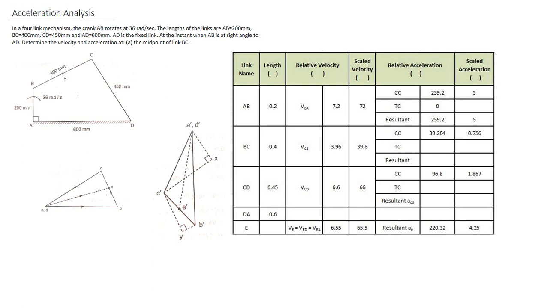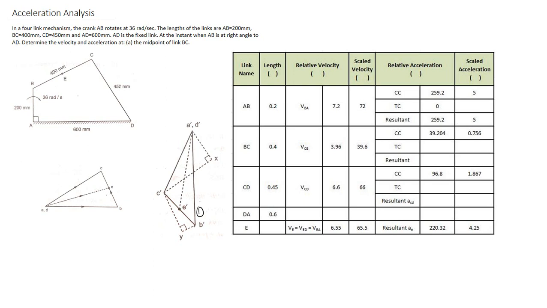For that, first mark the fixed points, then draw the centripetal component. Here the tangential component value is 0, so the resultant value will be equal to the centripetal component.